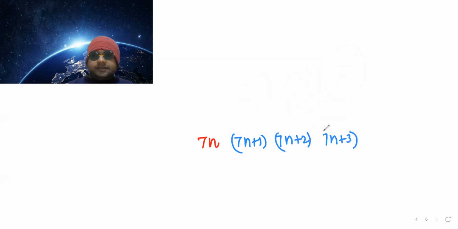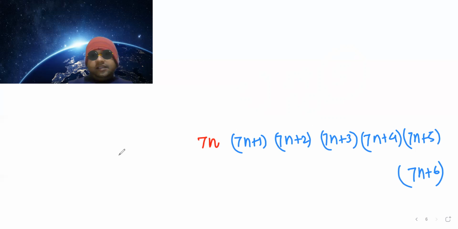If you had to express everything as remainders of 7, 7n is a multiple. The next number will be 7n plus 1, then 7n plus 2, 7n plus 3, 7n plus 4, 7n plus 5, and the final one is 7n plus 6. So these are the 6 remainders, 1 to 6.